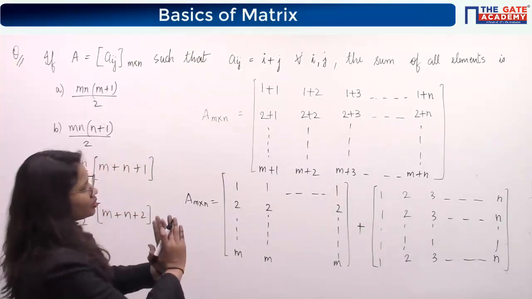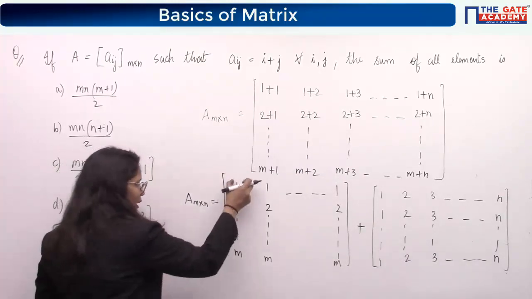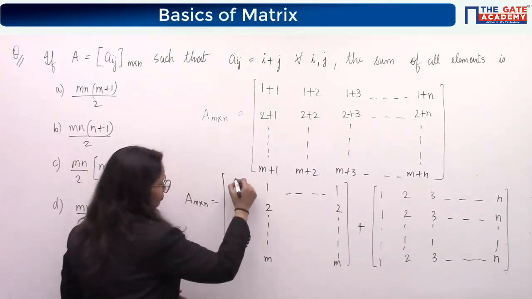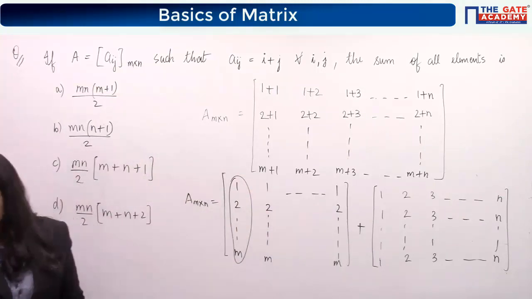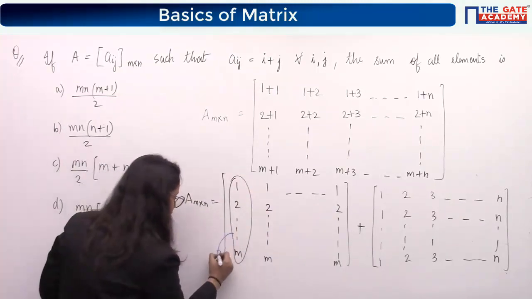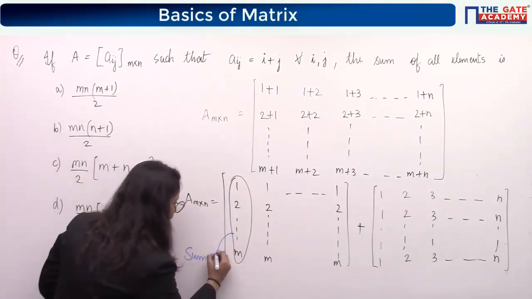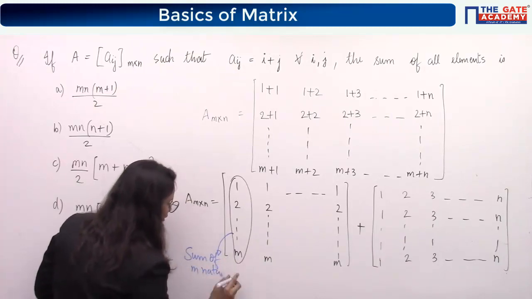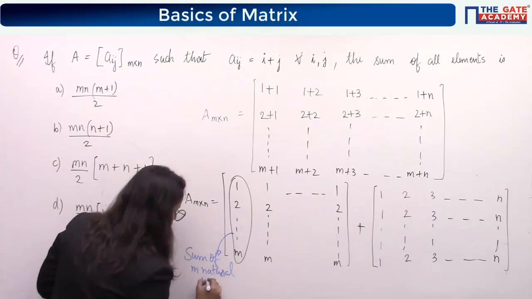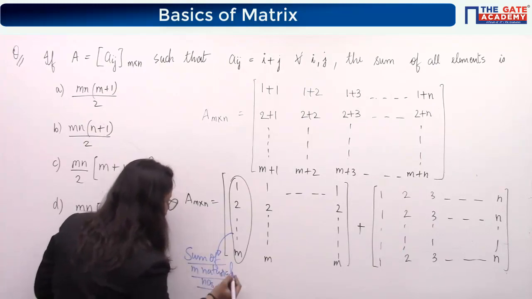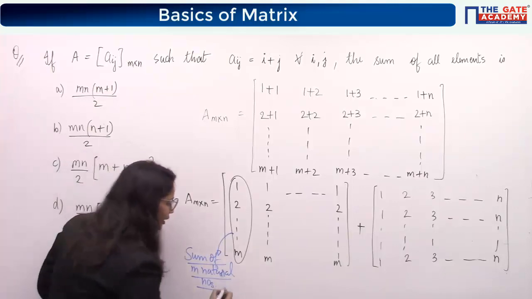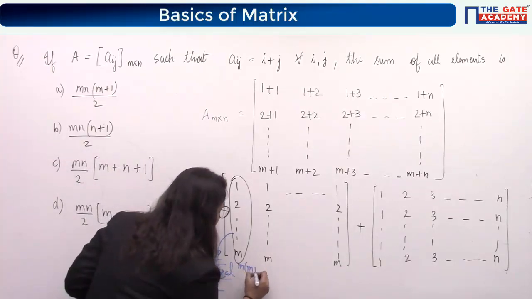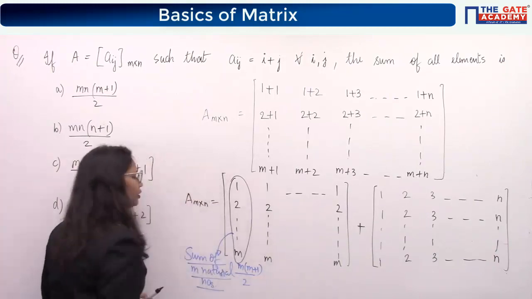Now basically you need to sum up all the elements. If I sum up all the elements of this column, it will be the sum of m natural numbers, and you must be knowing the formula for this one. What is the formula for the sum of m natural numbers? The formula for the sum of m natural numbers is m into m plus 1 divided by 2.